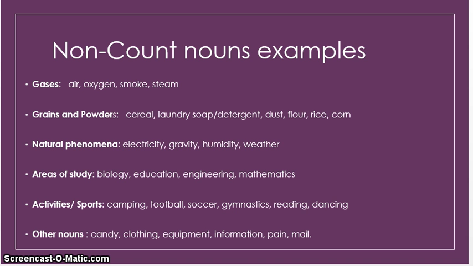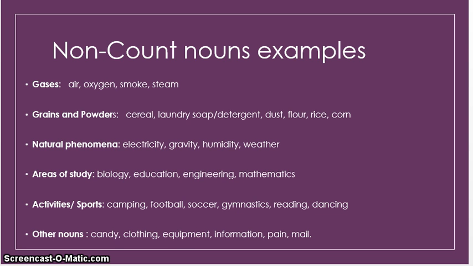Other categories are gases like air, oxygen, smoke, and steam. Things like grains and powders like cereal, laundry soap, detergent, dust, flour, rice, and corn. We also have the category of natural phenomena, which is electricity, gravity, humidity, and weather.